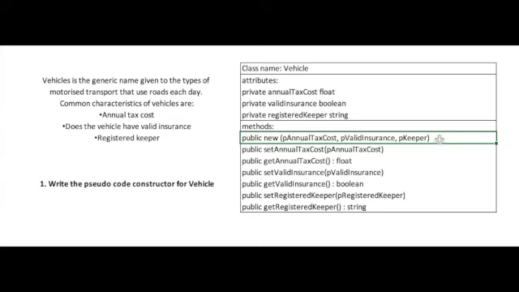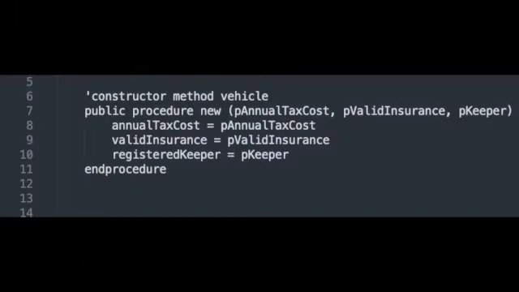So now let's look at writing the pseudocode for this constructor method for the vehicle class. So on line 7, we can see the constructor header.